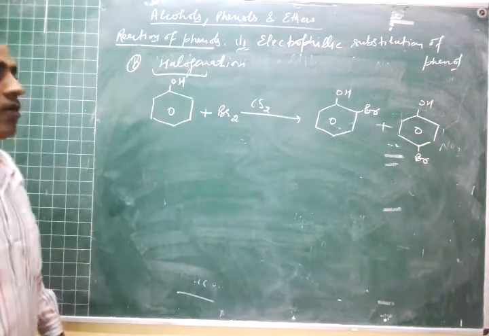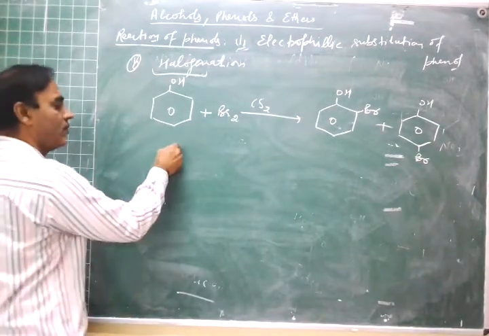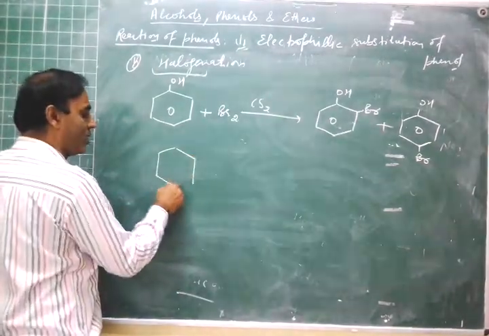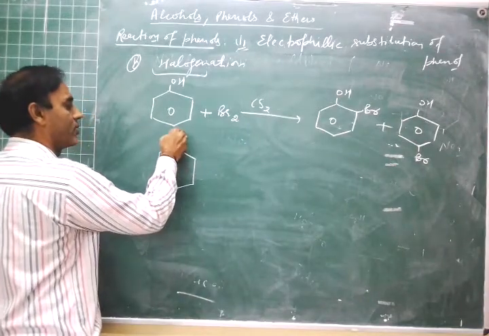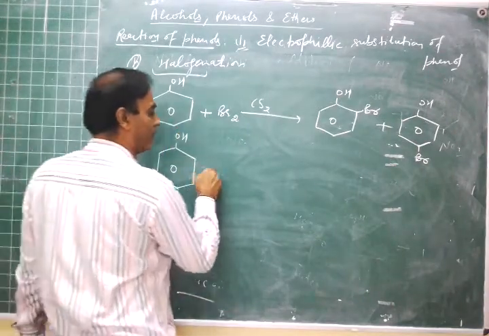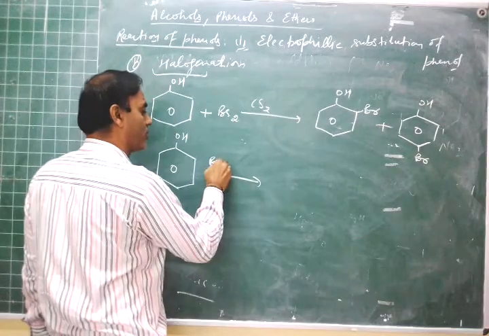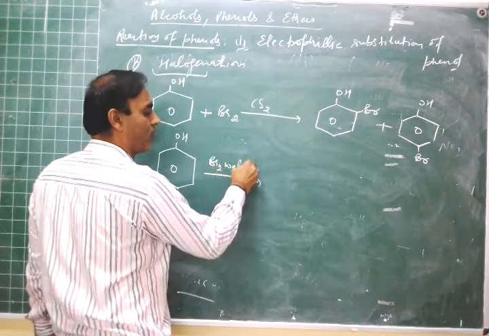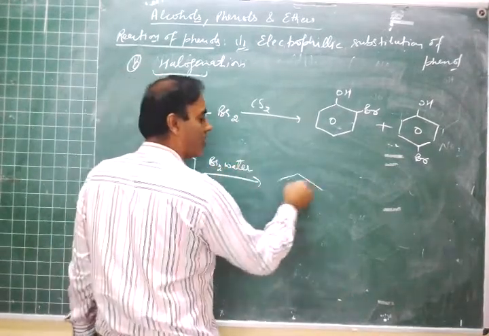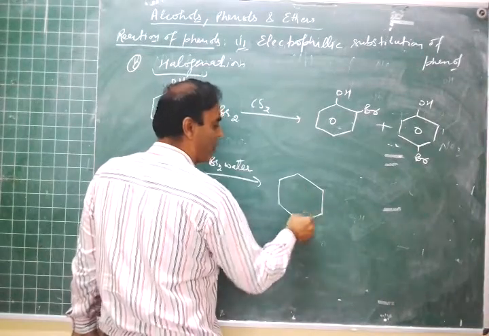Now if you use bromine in water, that is in polar solvent, bromine water, then we will get tri-bromo substituted phenol.